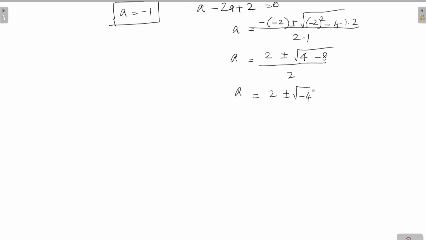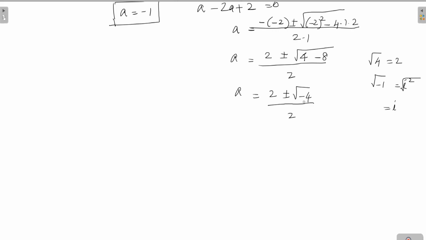The square root of a negative number is definitely imaginary, so complex roots, divided by 2. So 4 is a perfect square, the root of 4 is 2, and the root of minus 1, which is i square, is i.